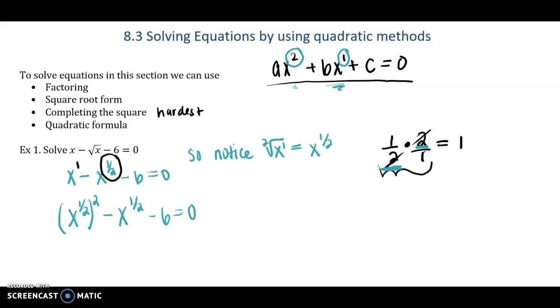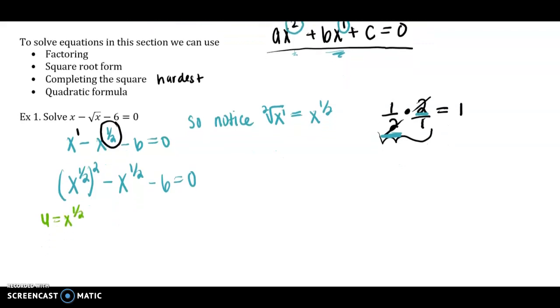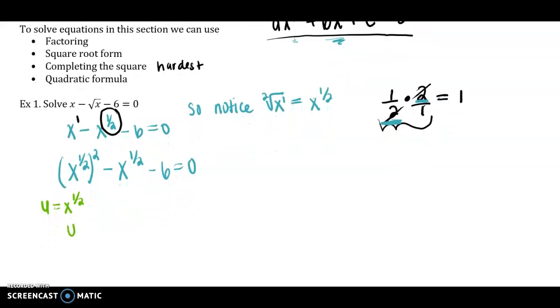And then you're just going to write the rest of the equation out. So now if you notice, it's in that format. Look, it's something squared minus that same something minus 6. So we could actually say, let's say u, or any letter you want, is equal to x to the 1/2. So u squared minus u minus 6, we're substituting there.